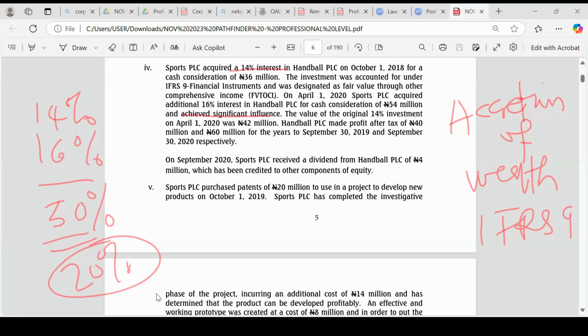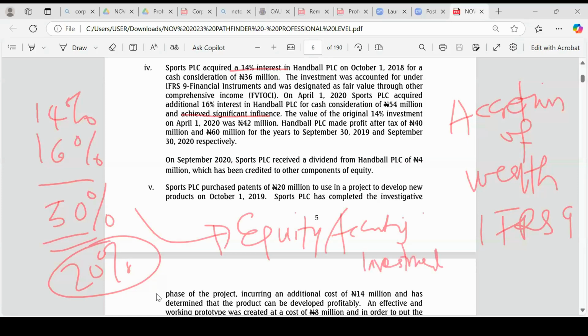And what does that mean? It means we're going to account for it using the equity method. Equity accounting. And what does that mean? It means that I am going to look at the investment made at the historical amount.